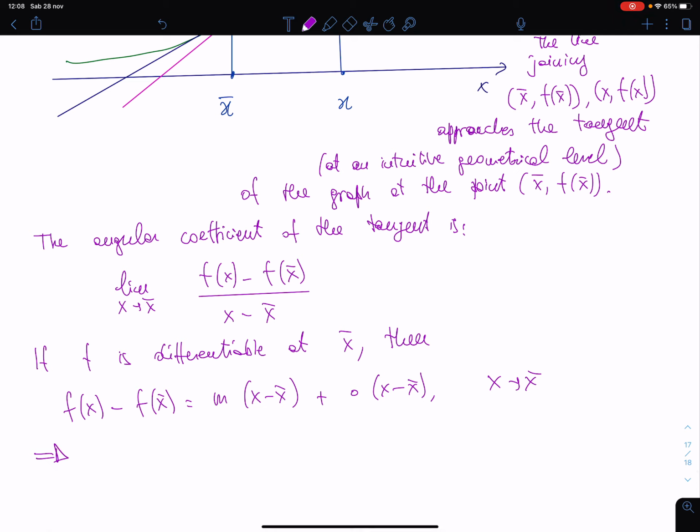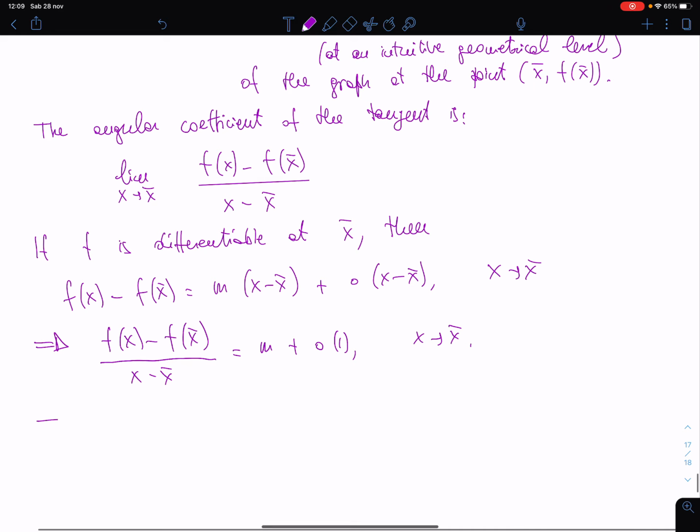If we divide by x minus x bar, we find f of x minus f of x bar divided by x minus x bar is equal to m plus little o of 1 for x going to x bar.